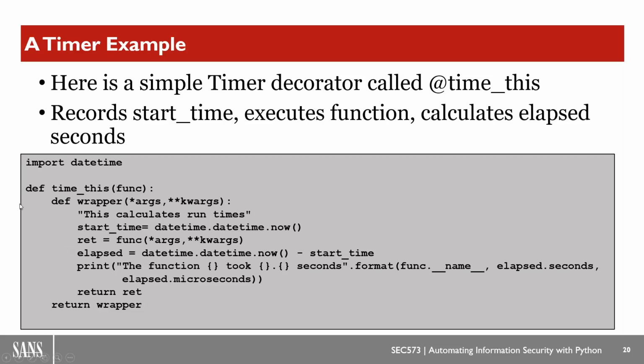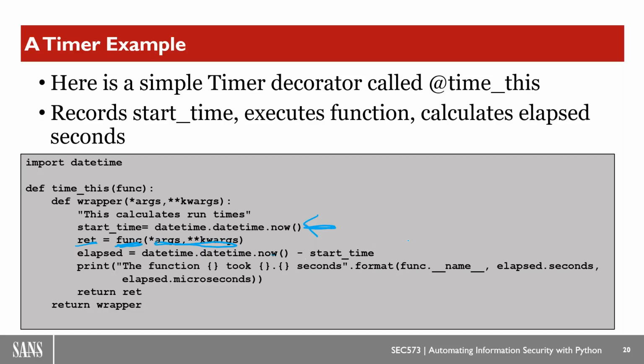It's going to record the start time of the function into a variable called start time. It's then going to execute the function that you pass it, pass on whatever arguments you've passed to the function, and then get the return value that comes back from the function. After the function executes, it's then going to record the elapsed time.